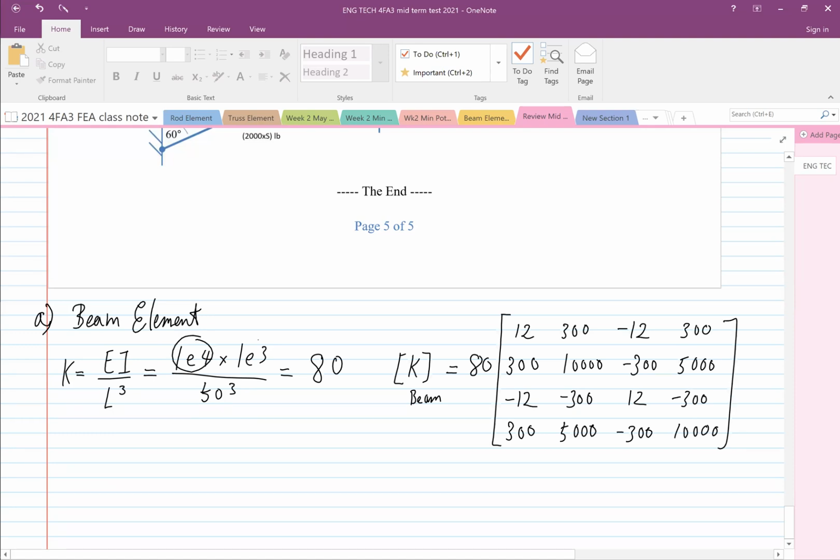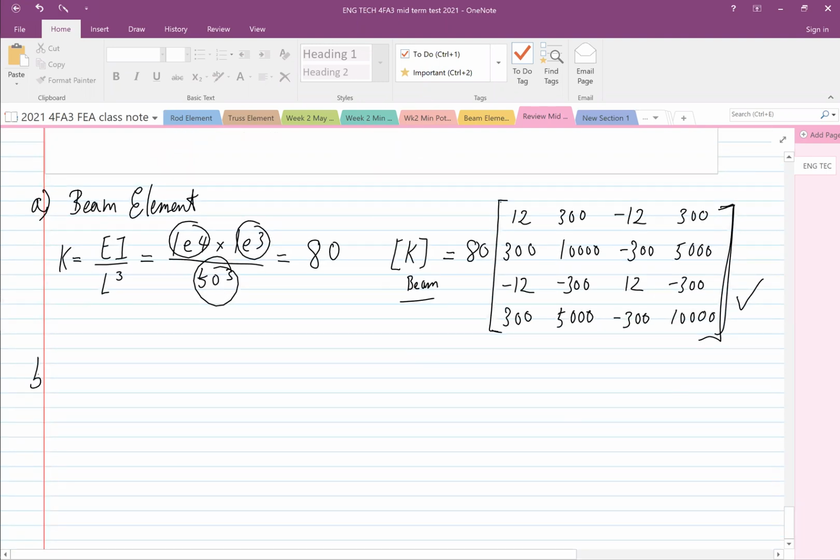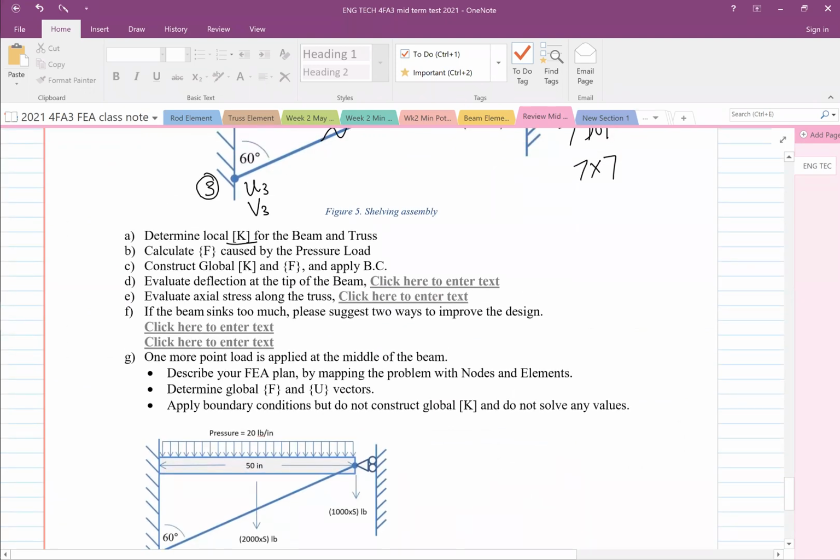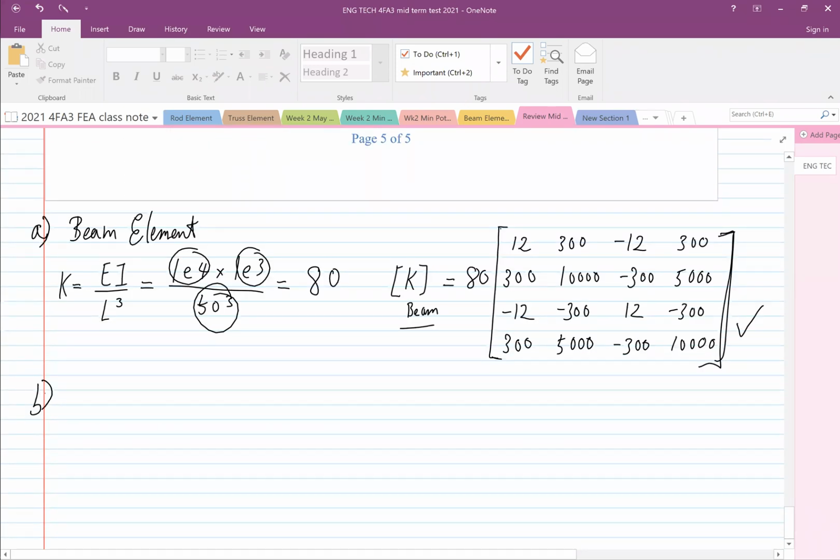You just plug in the numbers in the spreadsheet, and it gives you the local matrix, and then you just copy the numbers from Excel and put them here. That'll work. Anyways, this is the beam element stiffness matrix. Oops, I forgot. I have to deal with the truss element as well.